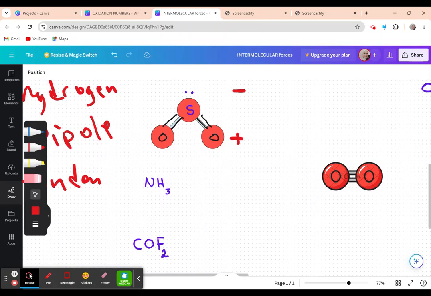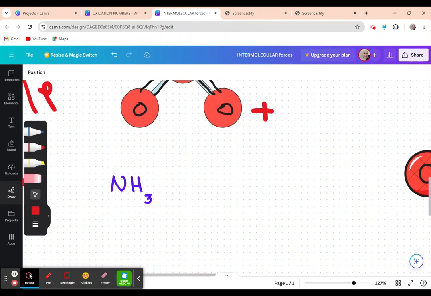Okay, NH3. Let's do this one. Nitrogen in the middle. Nitrogen is in group number 5, so 5 electrons surround it, with the 3 hydrogens in H3.